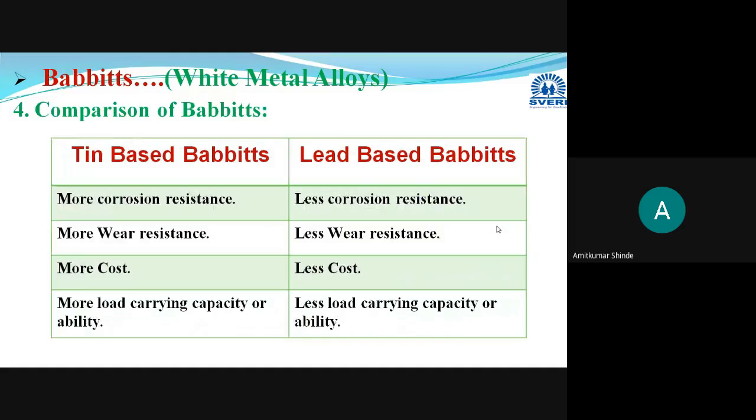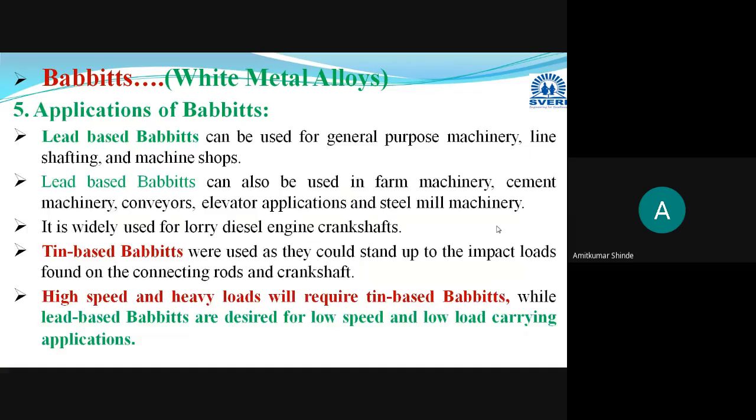Then in comparison of tin-based and lead-based babbitts, tin-based babbitts have better wear resistance, corrosion resistance, and load carrying capacity at higher cost, and lead-based babbitts provide those properties with a little inferiority. Then common applications: tin-based babbitts for high speed and heavy loads, and lead-based babbitts for low speed and low load applications.